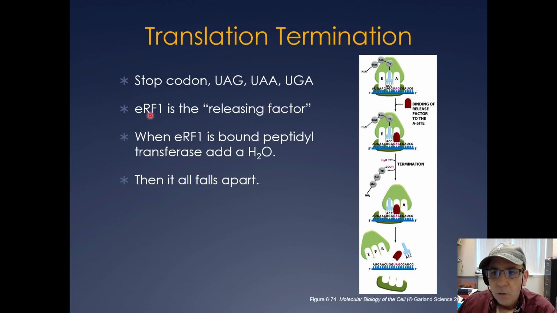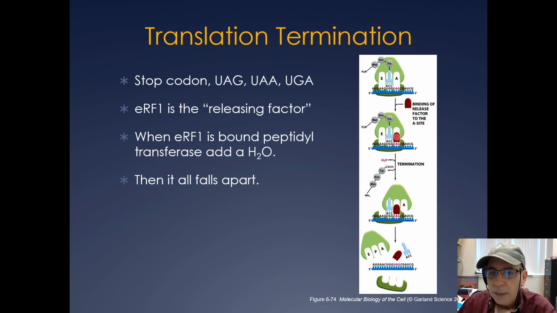So the way termination happens is when you hit one of these stop codons, this protein ERF1 releasing factor comes in. Now, releasing factor is not an RNA, it's actually a protein.